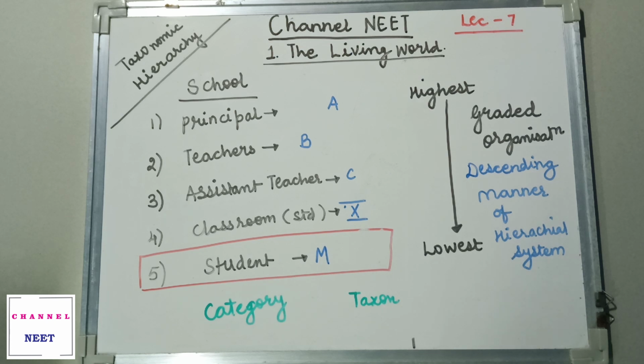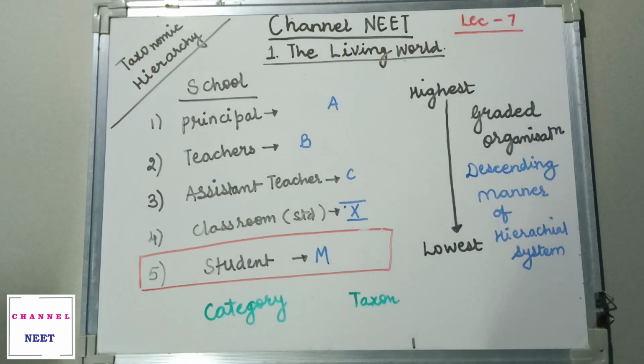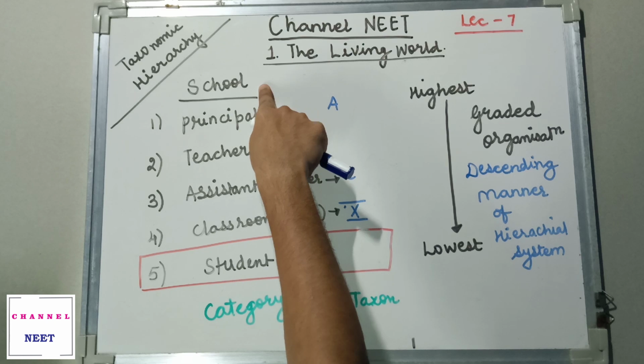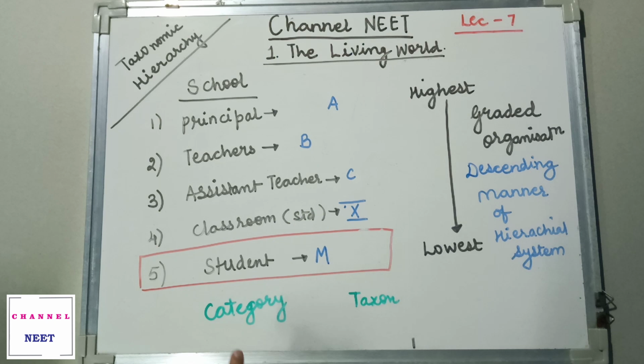Fine. In a system of classification, the terms taxa and category are often used. You already know this. Basically, in a taxonomic classification, category and taxon are commonly used. So we'll just quickly revise that. For understanding taxonomic hierarchy, we have taken the example of a school. School is a framework. The second word I required was category, and the third word was taxon. We defined it as a unit of classification.